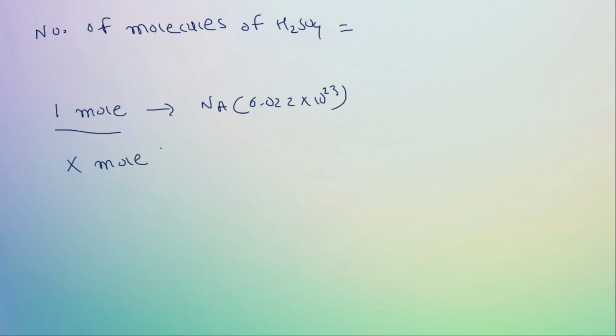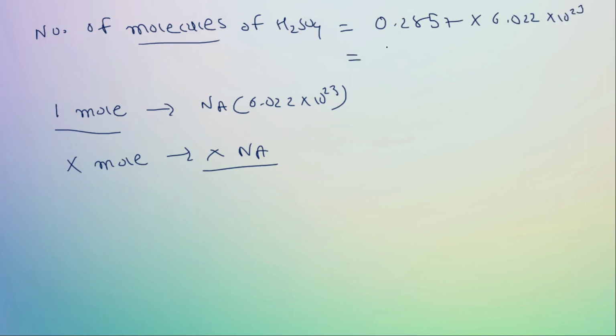For X mole, X into NA. So to find the molecules of H2SO4, the moles is 0.2857 and 6.022 × 10 raised to 23. So the answer will be 1.72 into 10 raised to 23. So the number of molecules is 1.72 into 10 raised to 23.